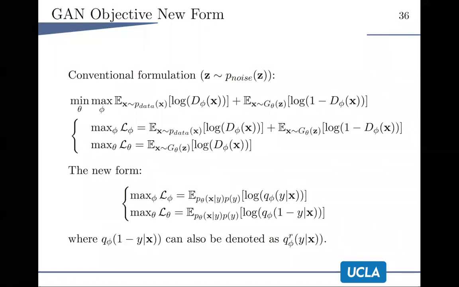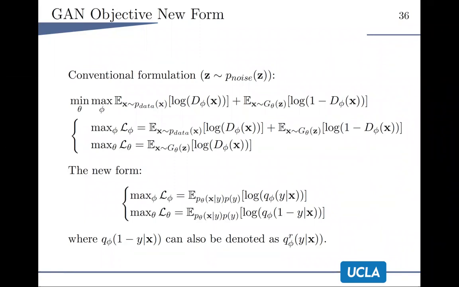For the output of the discriminator, it says it's going to be a probability. The output of the discriminator should be 0 or 1. Okay, the hard version.